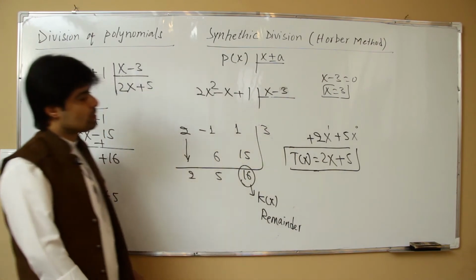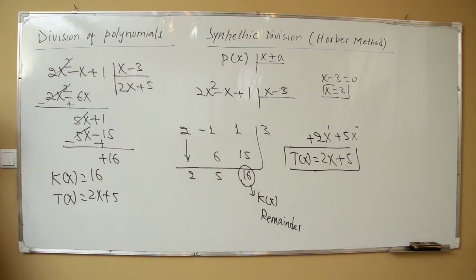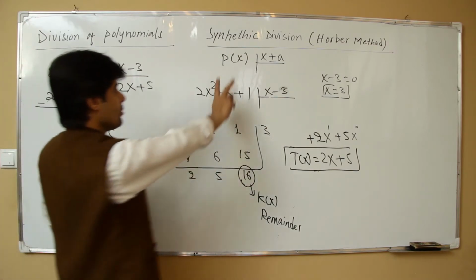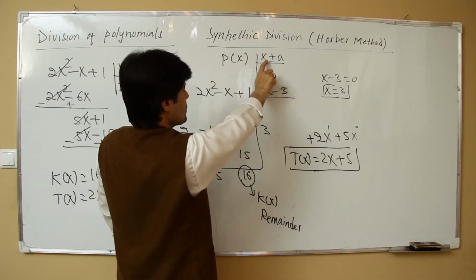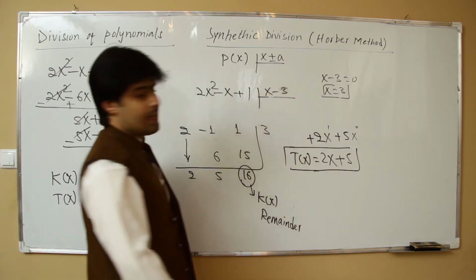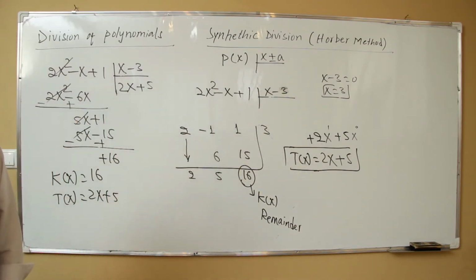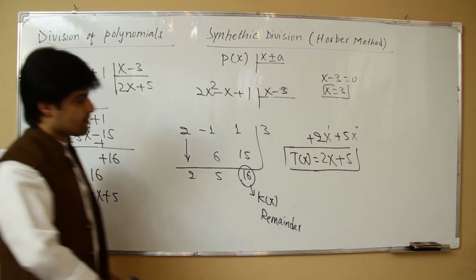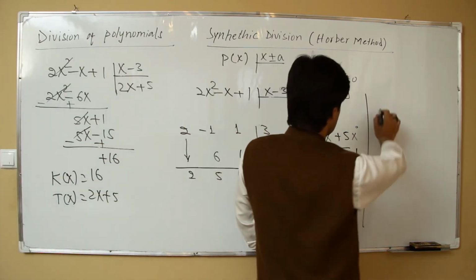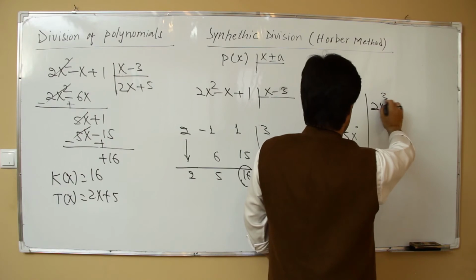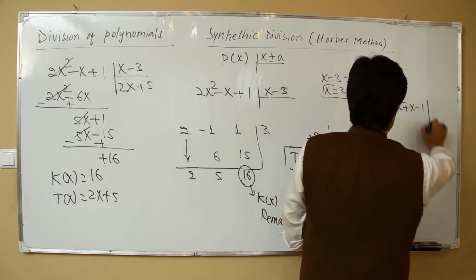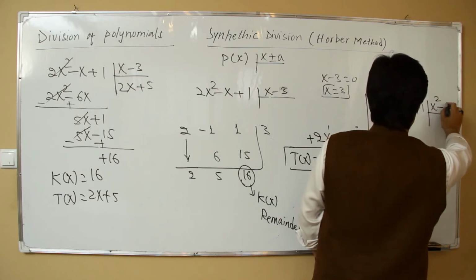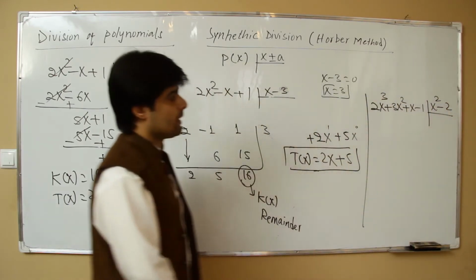But you can use the synthetic method or Horner method whenever a polynomial p(x) is divided by a divisor which looks like x plus or minus a. Else you cannot use it. If I ask you that we have a polynomial 2x to the power 3 plus 3x squared plus x minus 1 divided by x squared minus 2, can we use the synthetic method?